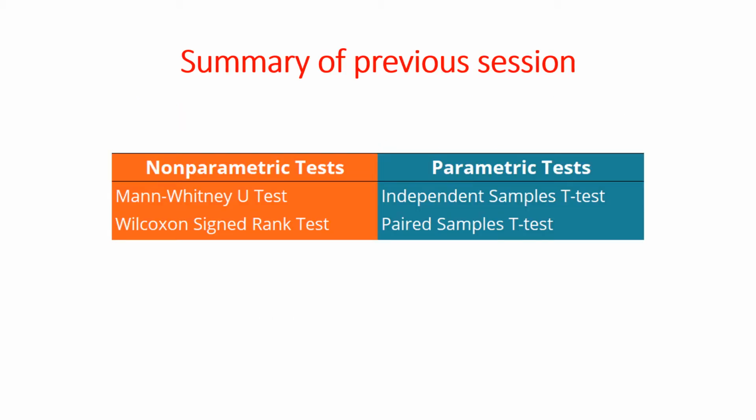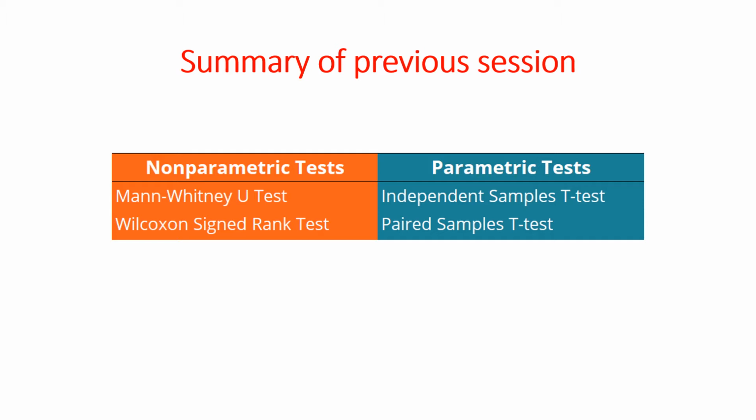Before I start talking about analysis of variance or ANOVA, I'd like to give you a very brief summary of what we talked about last session. Last session we talked about a design where we have only two means. We had parametric versions and non-parametric versions.